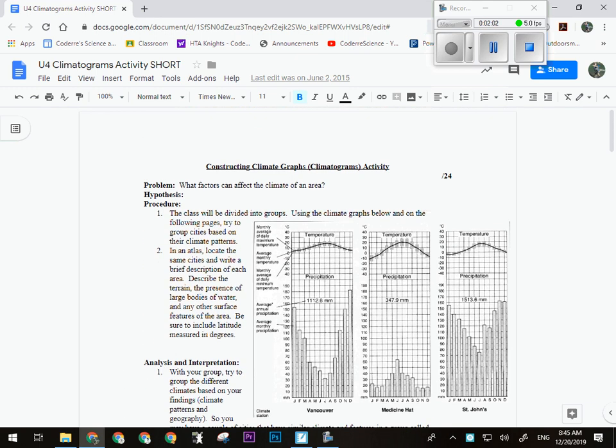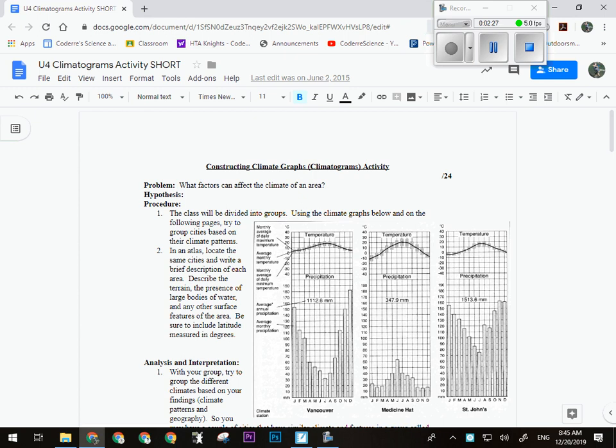That's the first thing. The second thing is we want to be able to figure out what factors affect climate, especially in Canada. So what we're going to be looking for are patterns within these climate graphs. I'll explain that a little more in a minute. Your hypothesis needs to be an answer to this question: what factors affect the climate of an area?